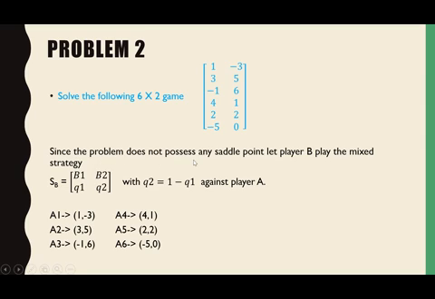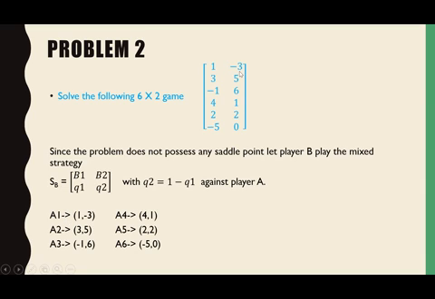Since the problem does not possess any saddle point, let player B play the mixed strategy SB equal to B1 with Q1, B2 with Q2. And we know that Q2 is equal to 1 minus Q1 against player A. Now identify the points.